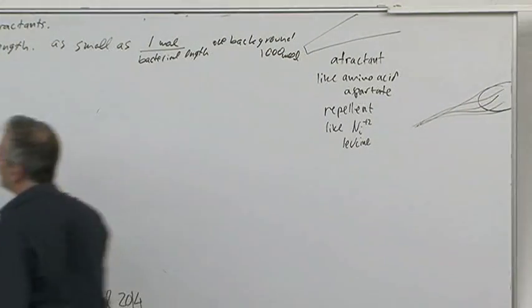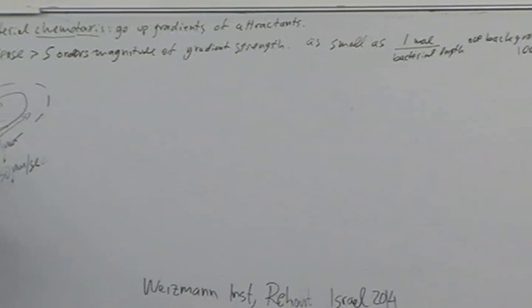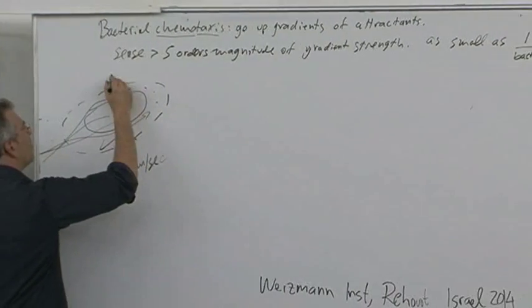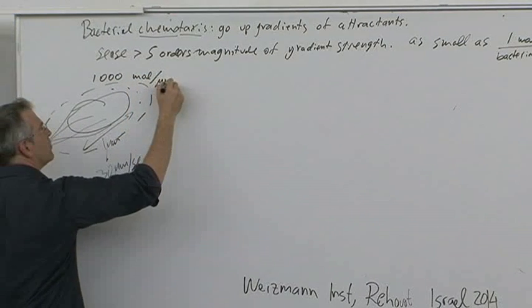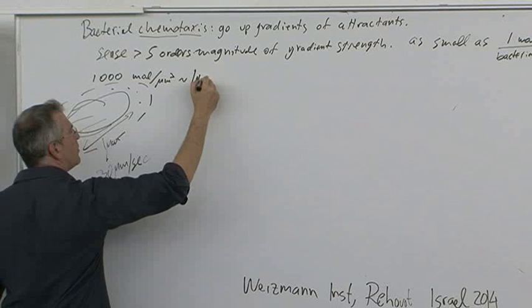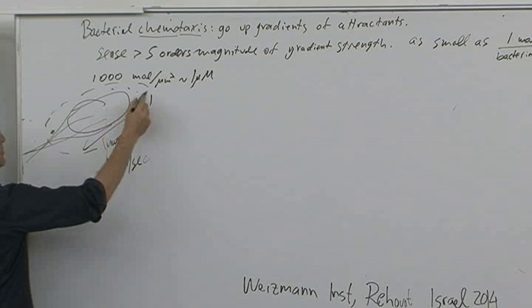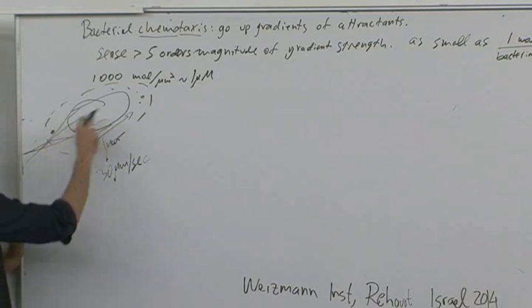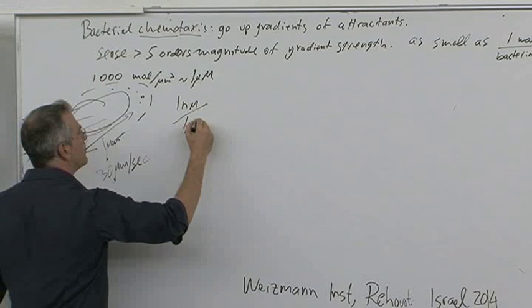So if I imagine around this E. coli volume, about 1 micron cubed, I put there 1,000 molecules per micron cubed, which is about 1 micromolar. And the gradient is so small that there's an average 1 molecule difference between the head and the tail of the bacteria, 1 nanometer per micron.